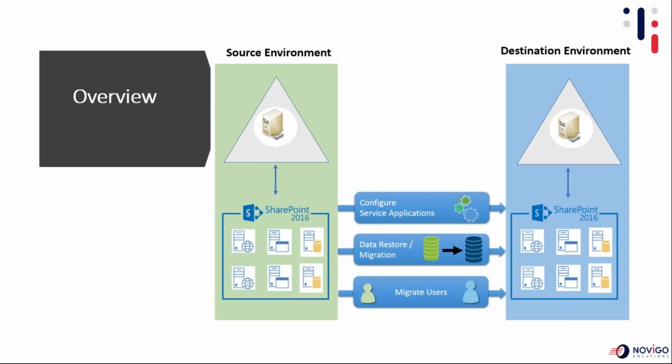So basically, the gist of this entire domain migration is you have to set up a new SharePoint farm in your target domain and reconfigure all your service applications, migrate all your data or restore the data if you're taking the database backups, and the last is going to be migrate all the users. So fundamentally, you must create a new farm in the target domain and move the existing content.